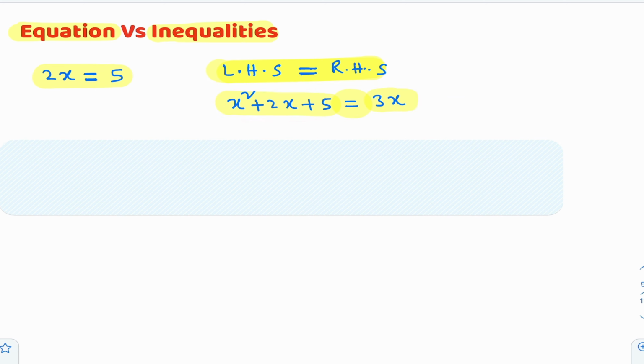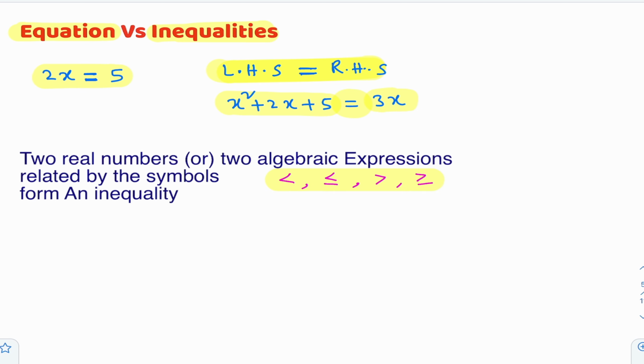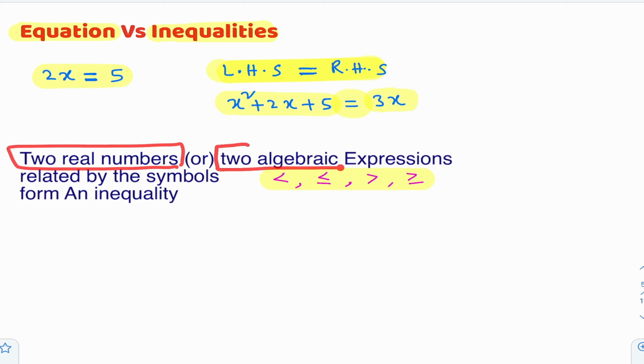I hope you understand. Then what is an inequality? Inequality definition is like this: two real numbers or two algebraic expressions related by the symbols. This symbol we call less than, strictly less than.